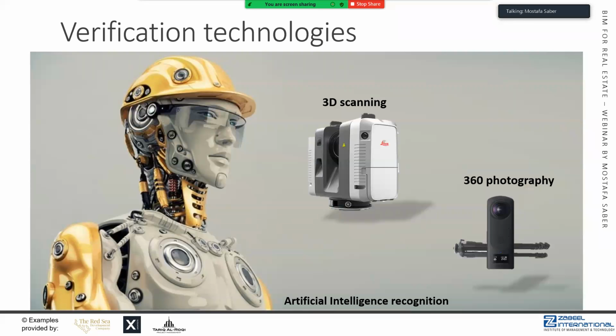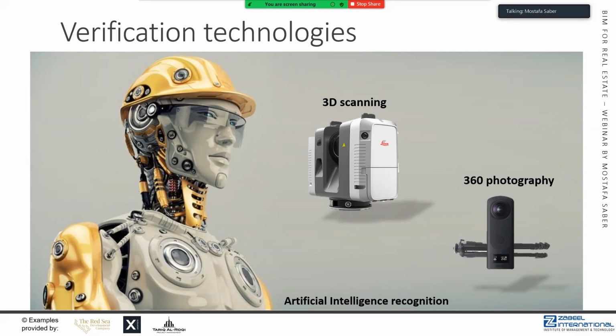For construction, you will also need to know about verification technologies. For verification, we now have many ways of checking that the information has been communicated right and the building elements were constructed in the best way possible, or if there is any tolerance for mistakes in construction. There are mainly 3 ways to do that. We have 3D scanning, which works with laser scanning.